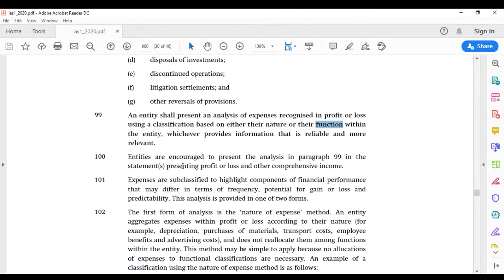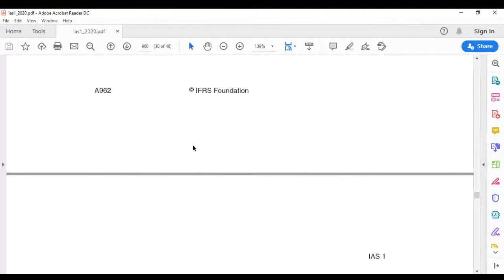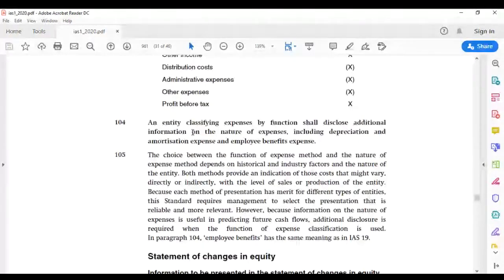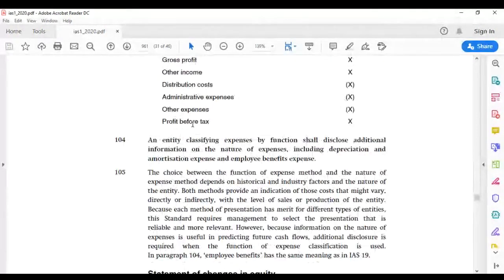Then I also wanted to make mention of paragraph 104. Let me just see what that was. That might be the profit before tax note. There they say, if you can make a note of paragraph 104, an entity classifying expenses by their function.